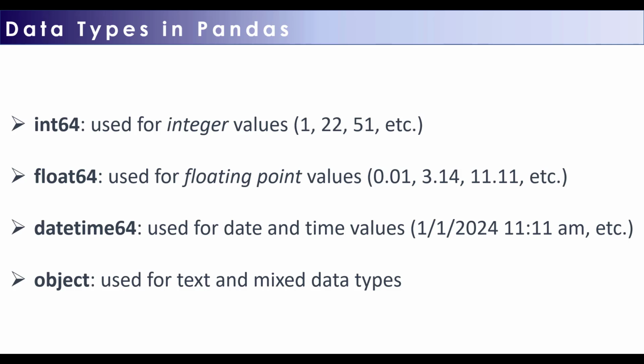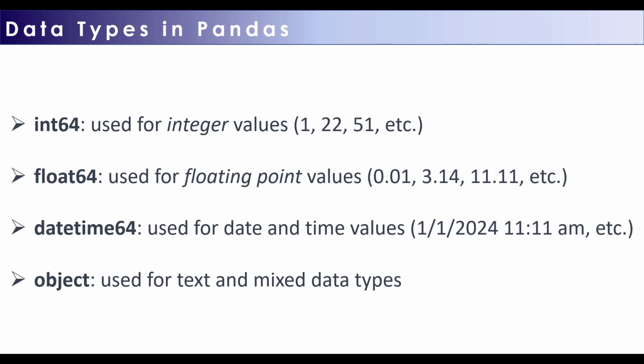Then there's the datetime64 data type, which, naturally, is used for date and time values. And then finally, we have the object data type, which is used for both text strings, things like the names of people and places, and for columns that just have mixed data types where not all the values fit into one of those previous 3 categories.